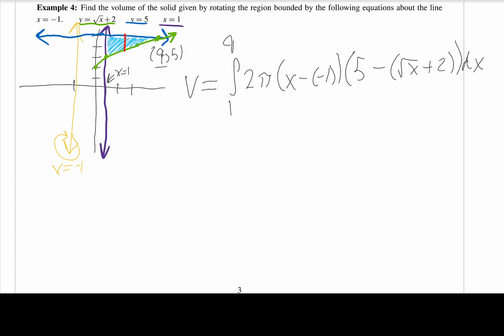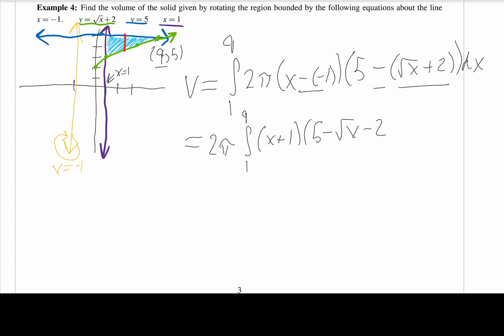Okay, and then I think there's a couple of key things to keep track of here, so I'm just going to do a step real quick. You want to make sure you don't mess up this negative sign, and you want to make sure that this negative right here gets applied to everything. So we can call this 2 pi times the integral from 1 to 9 of x plus 1 times 5 minus square root x minus 2.